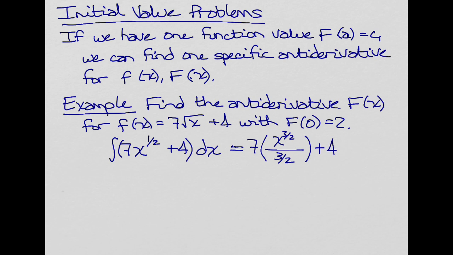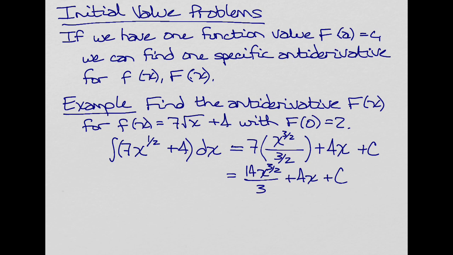So its antiderivative is 4 times x to 1 higher power over 1, plus the constant of integration. And let's see, I'm going to rewrite this. 1 over 3/2 is 2/3. 7 times 2/3 is 14/3. Plus 4x plus the constant of integration. So there's all the antiderivatives for my function.